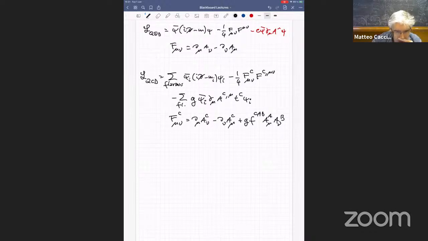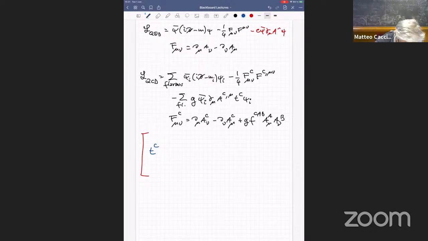Perhaps one thing I have not said, but I should say it here. The generators T^c, as I said before, are actually matrices. They are proportional to the Gell-Mann matrices, and they act on the three color components of a quark field.